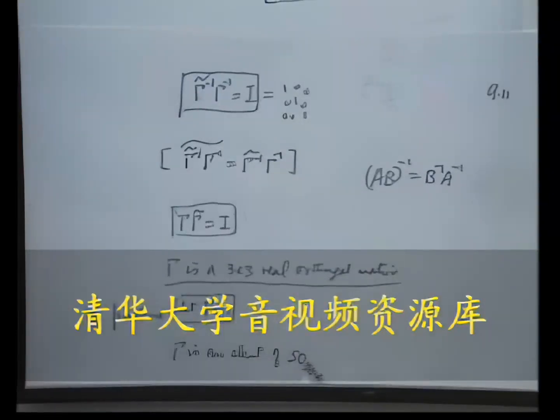O means orthogonal. 3 means 3 dimensions. A 3-dimensional orthogonal matrix is one that satisfies this condition. The S says special. Special means that its determinant is plus 1. So the rotation gamma algebraically is an element of SO3.